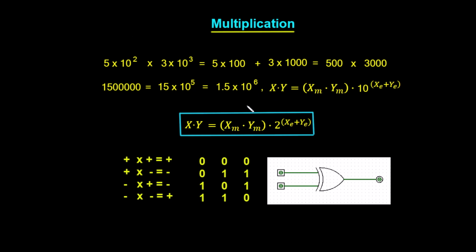So you can see here, in order to multiply two floating point numbers together, we multiply together the mantissa and we add the exponents, and we also might have to perform a little bit of normalization.